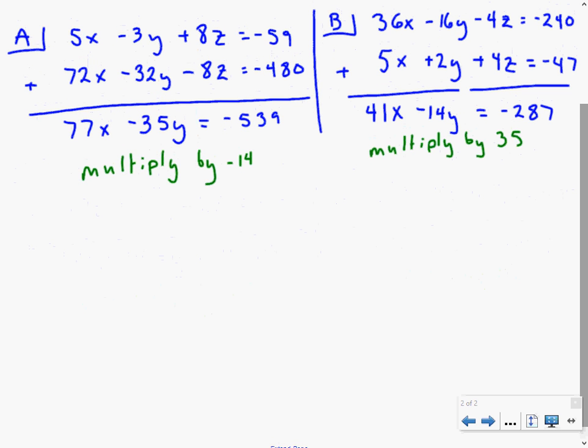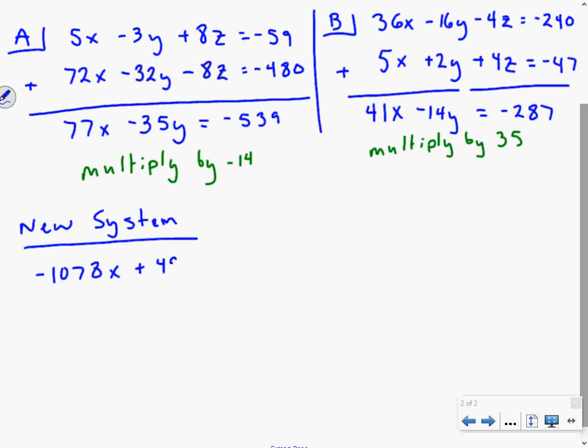So let's write our new system. The a equation, we said we're multiplying by a negative 14. So we get negative 1078x plus 490y, and that's going to be equal to a positive 7,546.